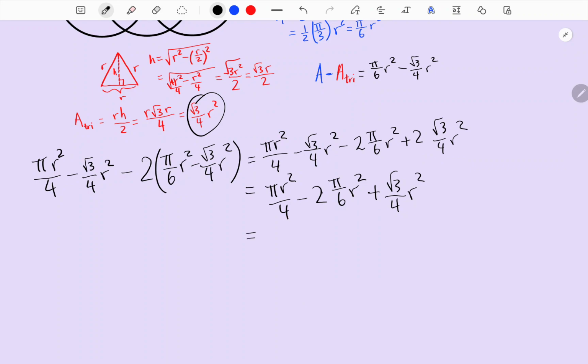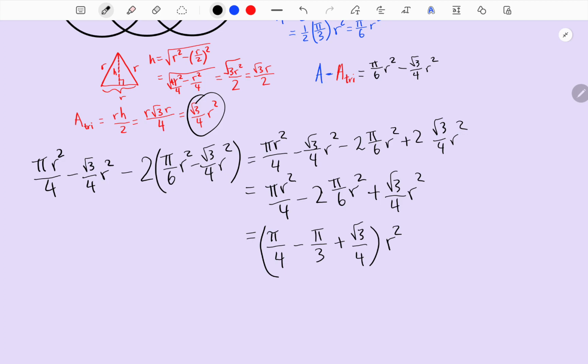So this is equal to pi over, I'm just going to factor out the r squared as well. So pi over 4 minus, and then this is going to be pi over 3, and then plus what? Plus root 3 over 4, all multiplied by r squared, since I factored out that r squared.